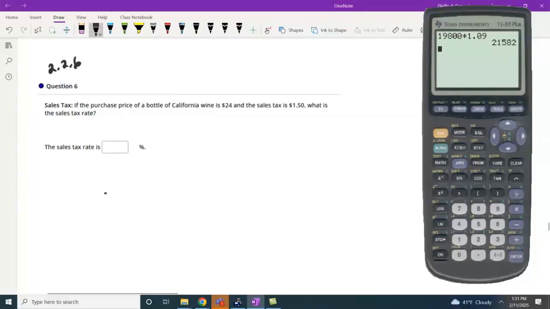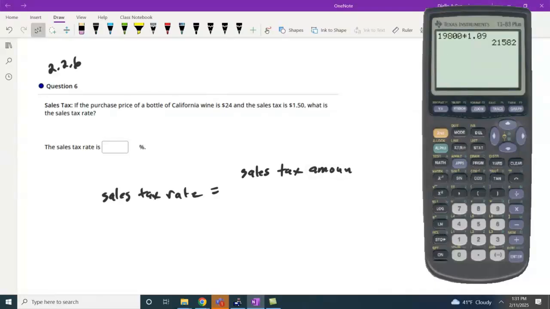We had a formula for that as well. The sales tax rate is equal to the sales tax amount divided by the purchase price.